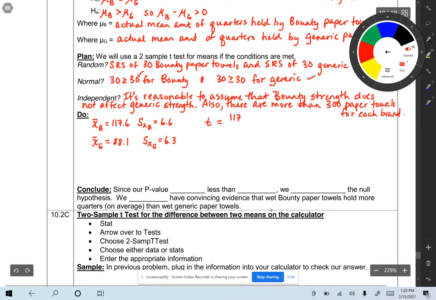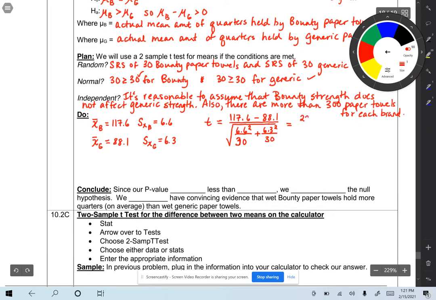And now we can calculate our t-score. So t is equal to 117.6 minus 88.1. So the way I wrote my alternative hypothesis, Bounty minus generic, divided by the standard error, so that would be the square root of 6.6 squared over the sample size, the first one, so 30, plus 6.3 squared over 30.